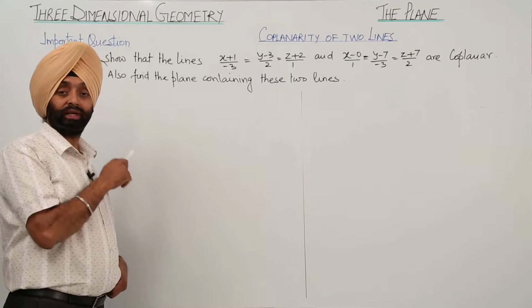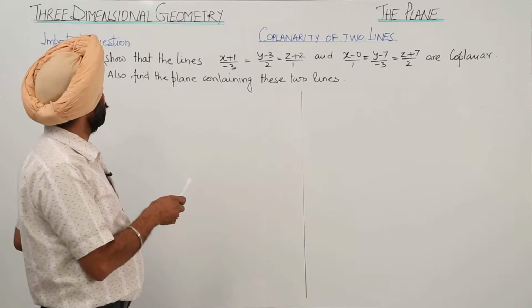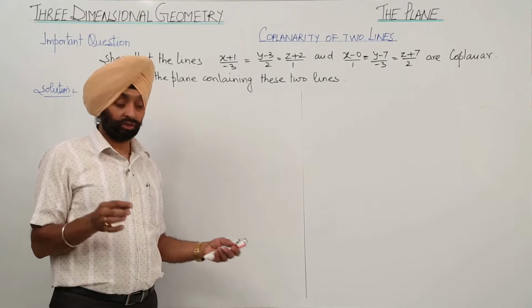We have to show that the given lines are coplanar, and then we have to find the equation of the plane containing these two lines.